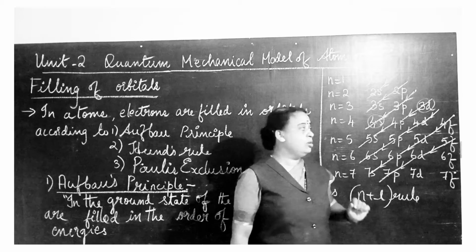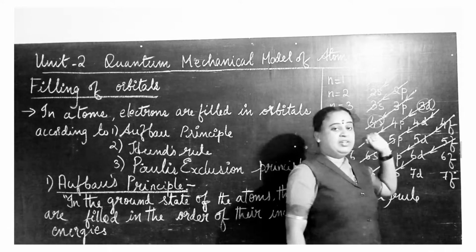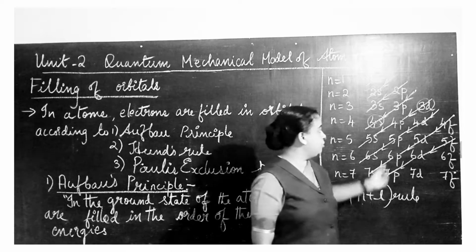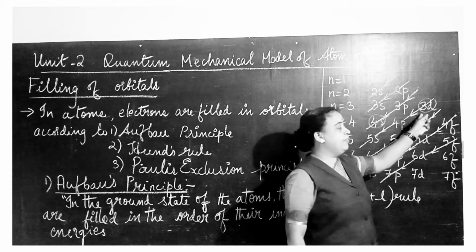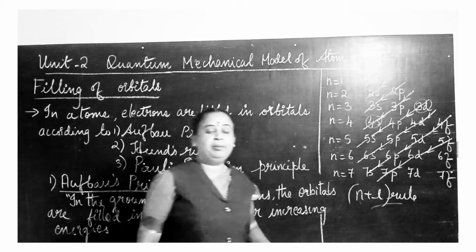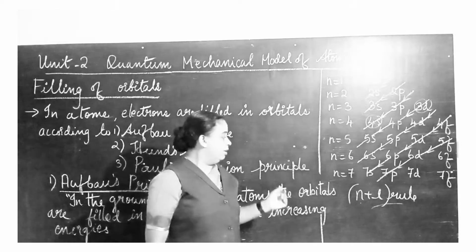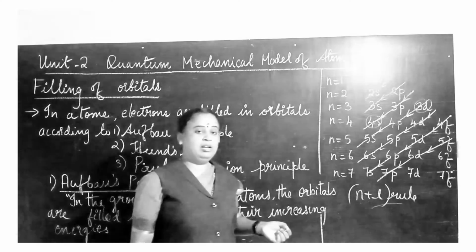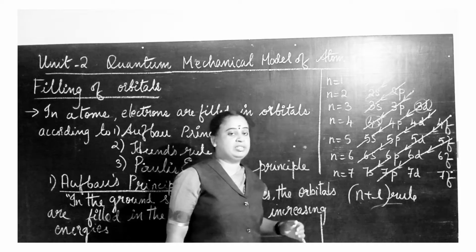According to the n plus l rule, the lower the value of n plus l for an orbital, the lower its energy.